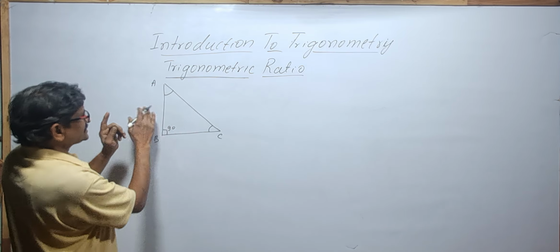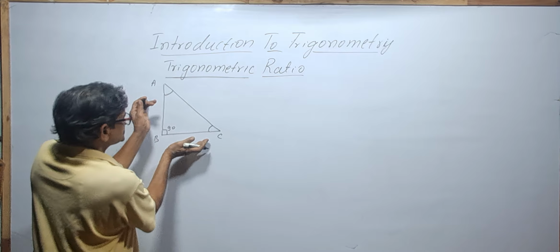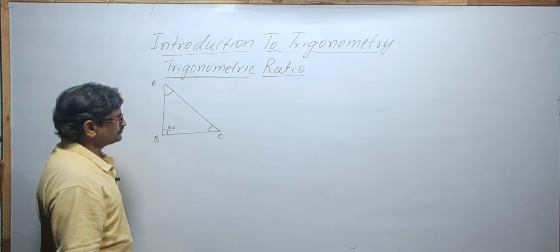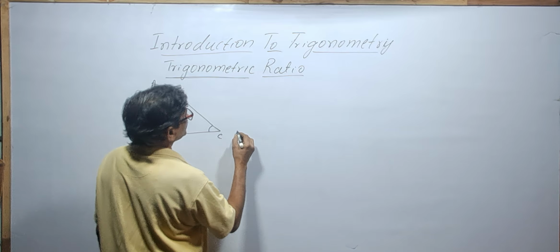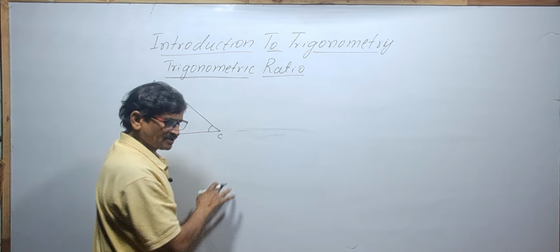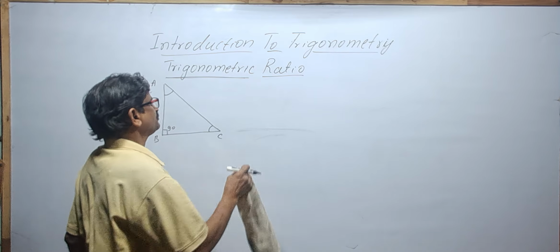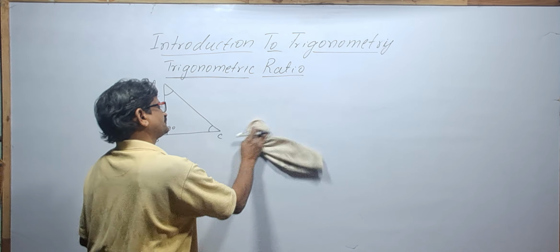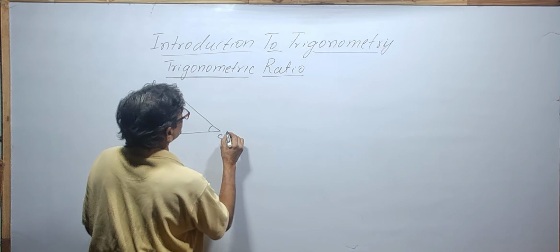So these names are interchangeable. Put it in your mind that the side which is opposite to the 90 degree is always called the hypotenuse; it is fixed.